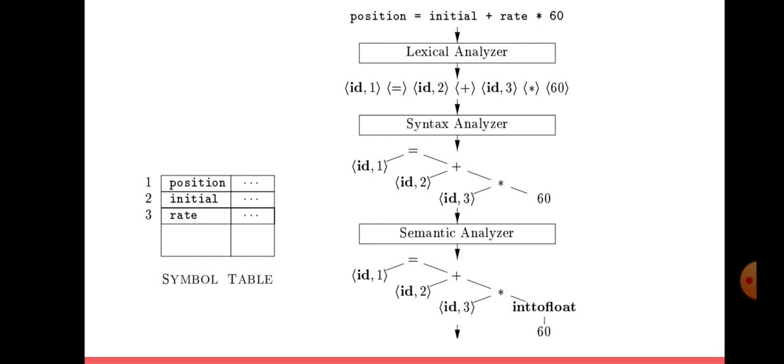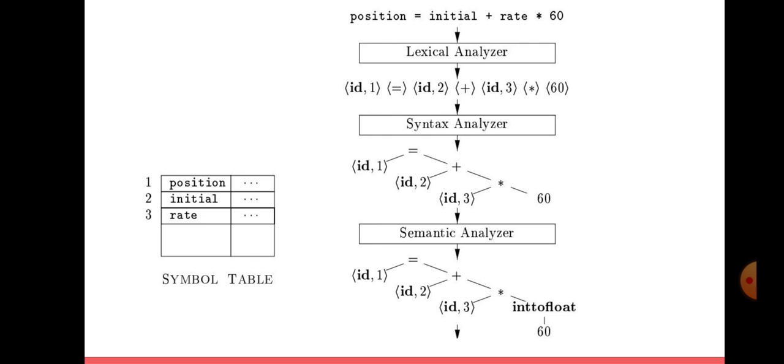First, in this assignment, position is a lexeme that would be mapped into a token id comma 1. In this diagram you can see position is replaced as id comma 1, where id is an abstract symbol standing for identifier, and the 1 points to the symbol table entry for position.